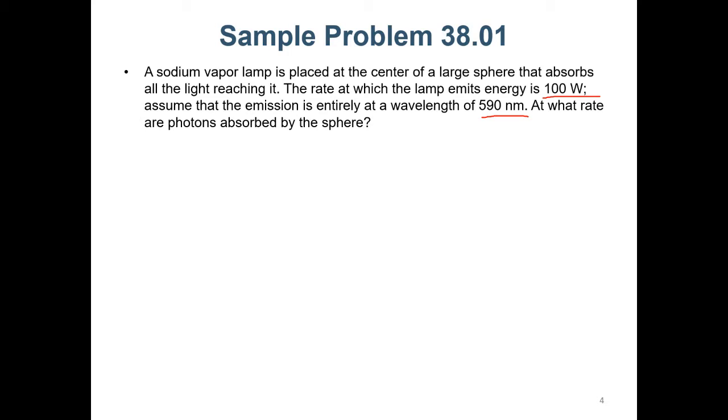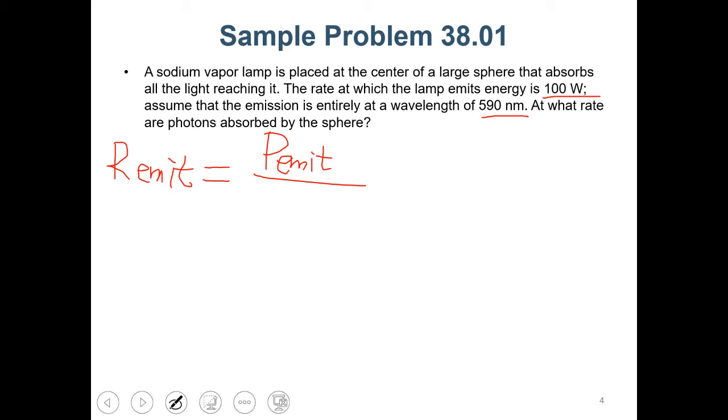So the rate of photons emitted is the power emitted divided by the energy of a single photon. And it is equal to P emit over E, and E is hf.